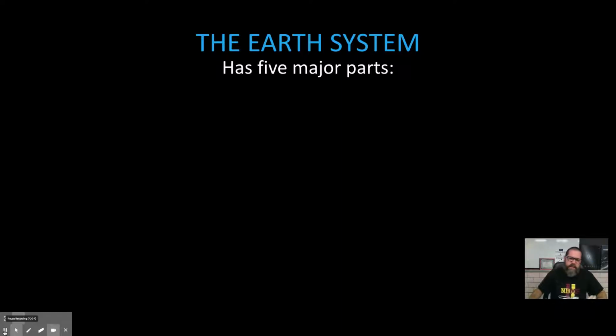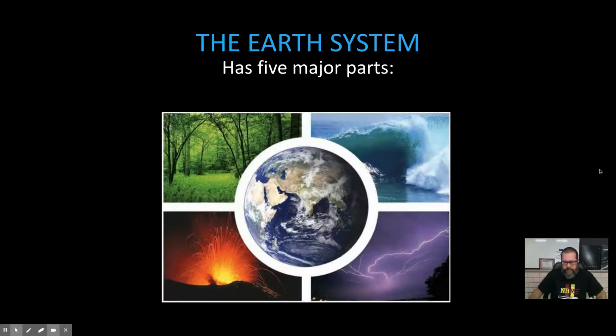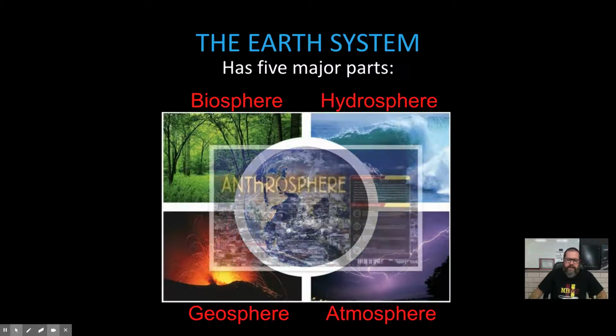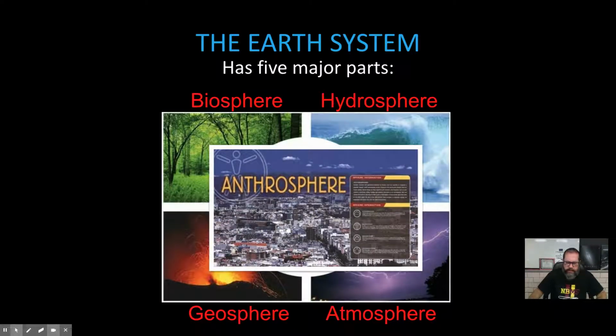So just for a quick review, the 5 major parts of the Earth's system include the biosphere, which is all the life on this planet, the hydrosphere, all the water, the geosphere, which includes all the land, all the rock on the planet, the atmosphere, and finally, the anthrosphere.